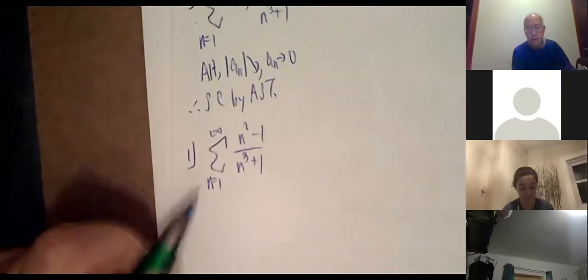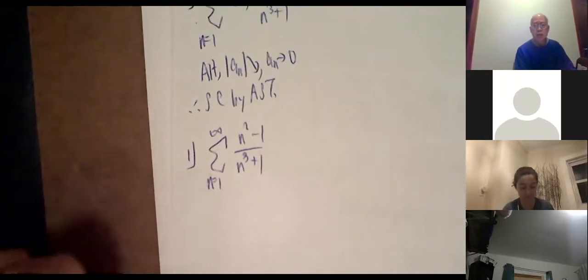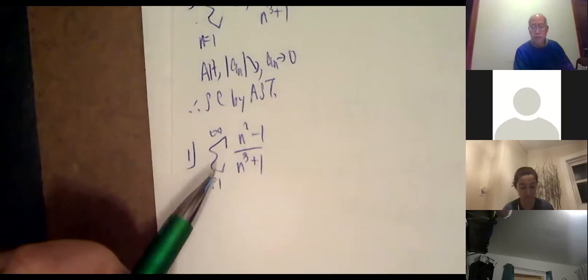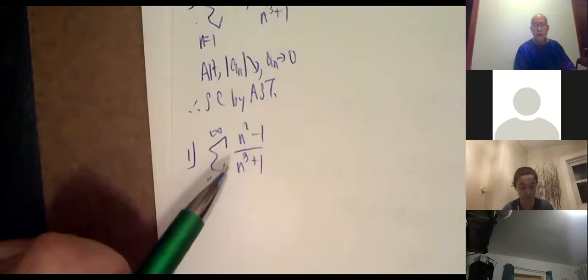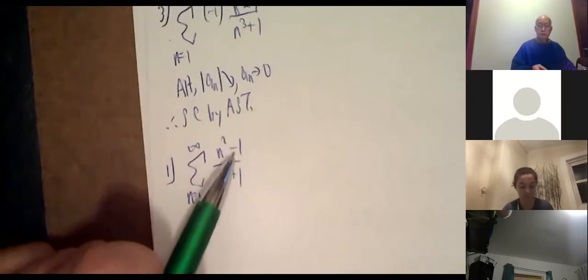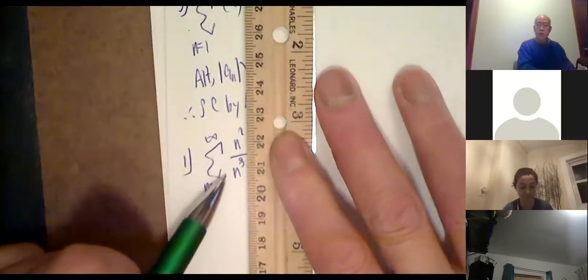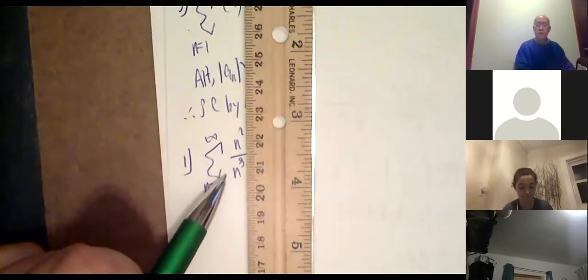Yeah, so you should be able to look at this and say, in the long run, this behaves like what other series? The game you want to play is, when n is super big, what can I ignore? The -1 and the +1. n squared over n cubed is 1 over n, our harmonic series.